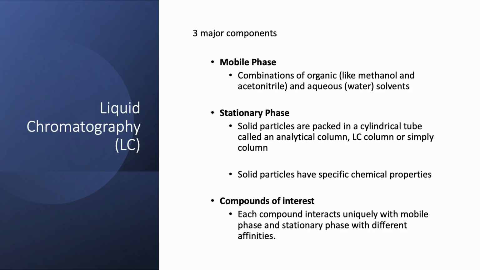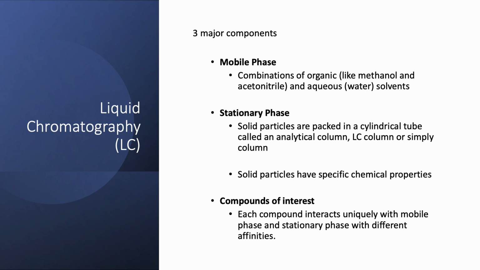And then you finally have a compound of interest. So some sort of compound, maybe it's opiates as a drug, or maybe it's testosterone as a hormone. And that compound of interest has a specific affinity to both the stationary phase, so the chemistry that's contained within the stationary phase, and an affinity to the mobile phase.